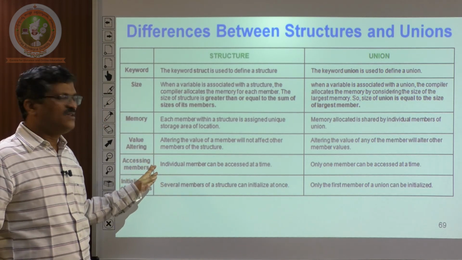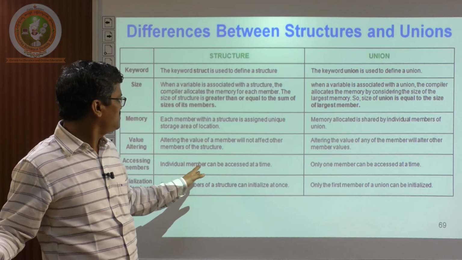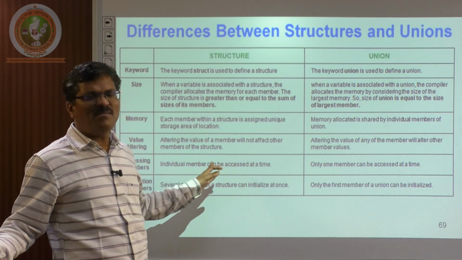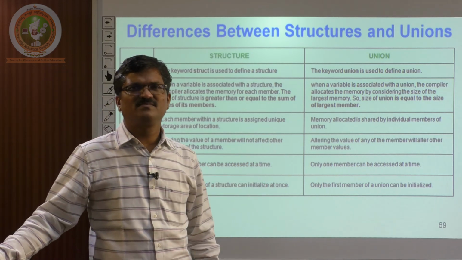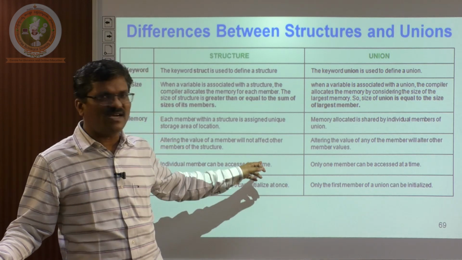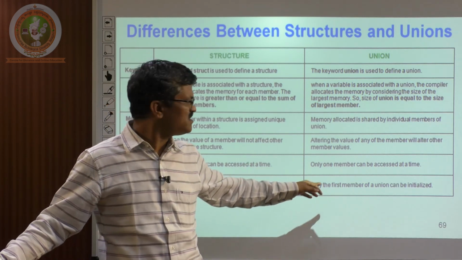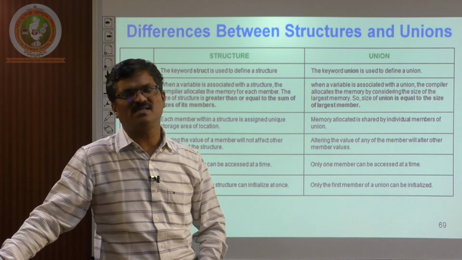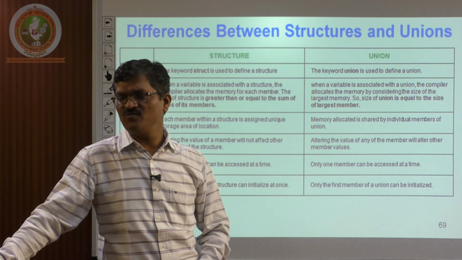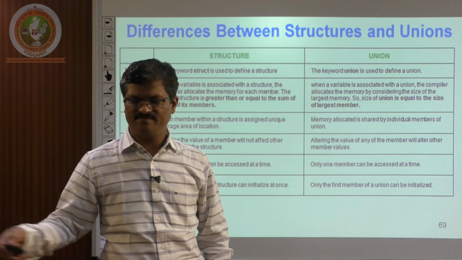In the same way, how to access the members? All the members can be accessed at a time, multiple members can be accessed, whereas only one member can be accessed at a given time with respect to union.